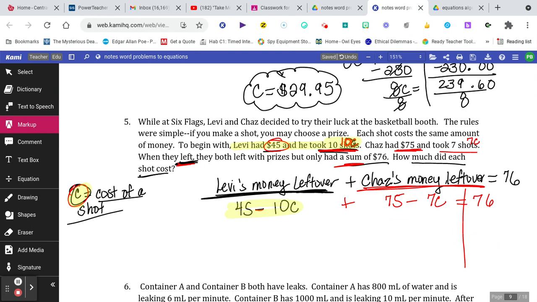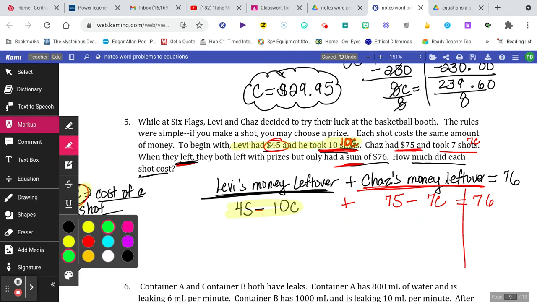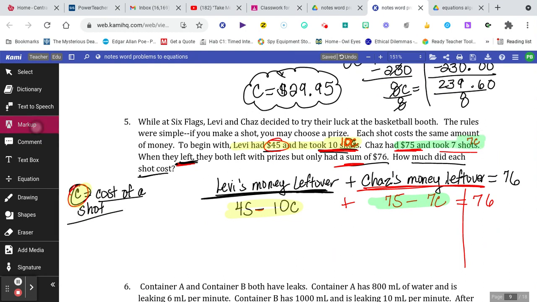So minus 10C because he spent C dollars 10 times. And then this part represents Chaz's leftover money. $75 minus the cost of the 7 shots he took. But I know in the end, they walked out with prizes, but they only had $75 left. Excuse me, 76.